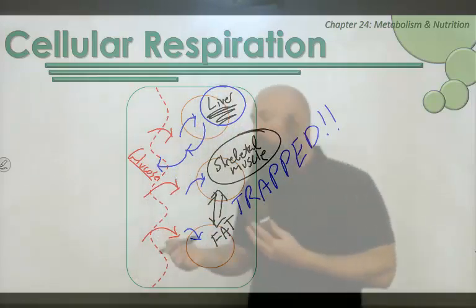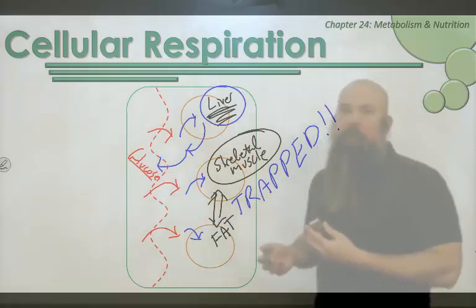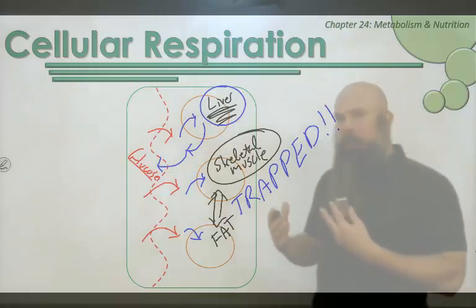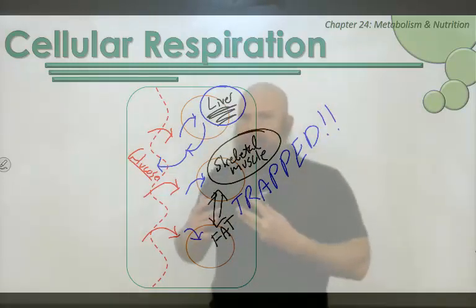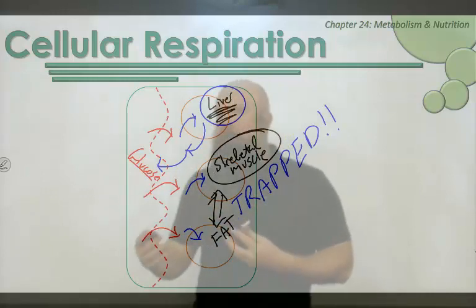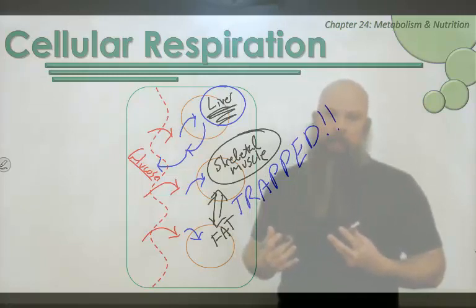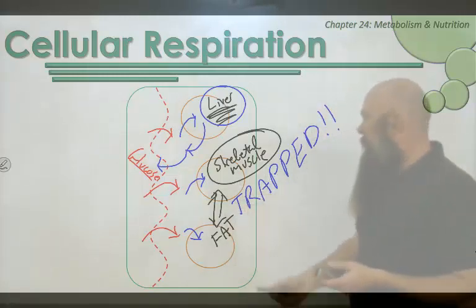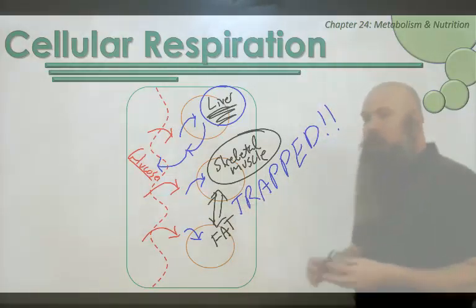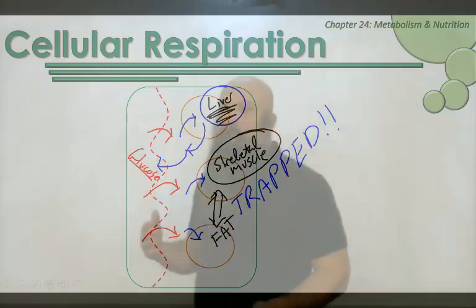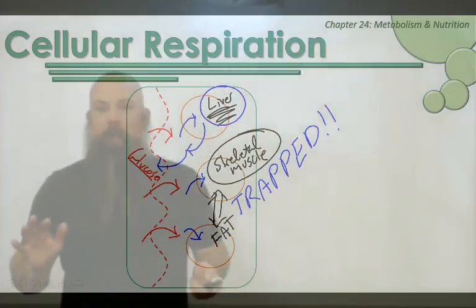And then understanding that once the liver absorbs glucose, it's able to hang on to it, store it for a while, and then release it later to help increase blood glucose levels if that becomes necessary. In skeletal muscle cells or fat cells, once glucose enters the cell, that's it. It's not going anywhere.